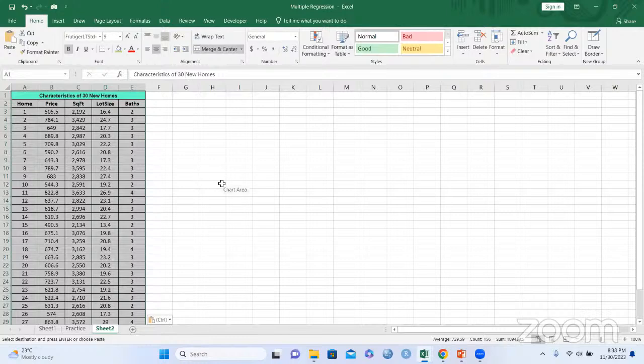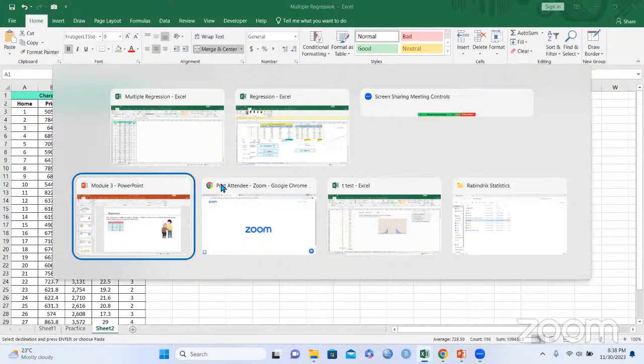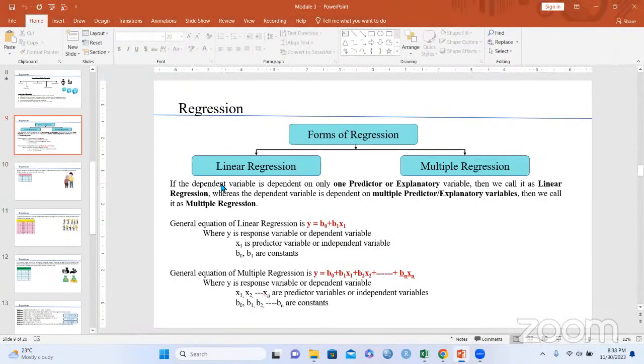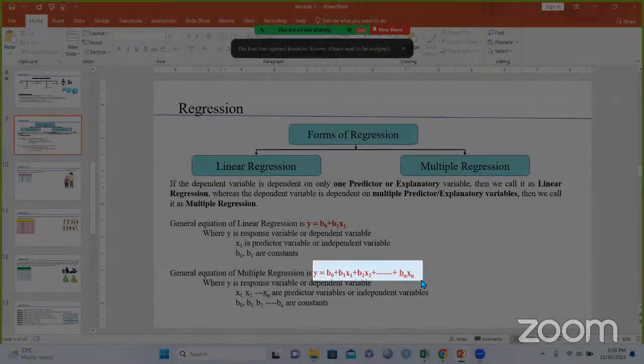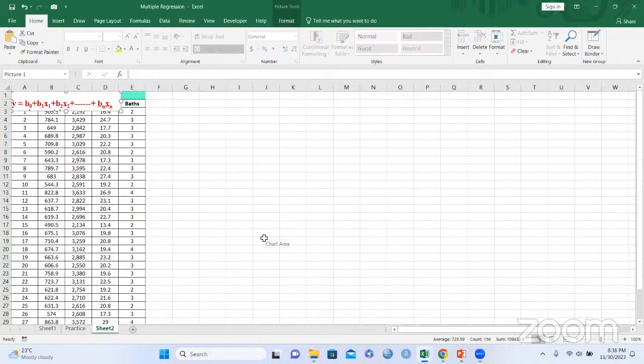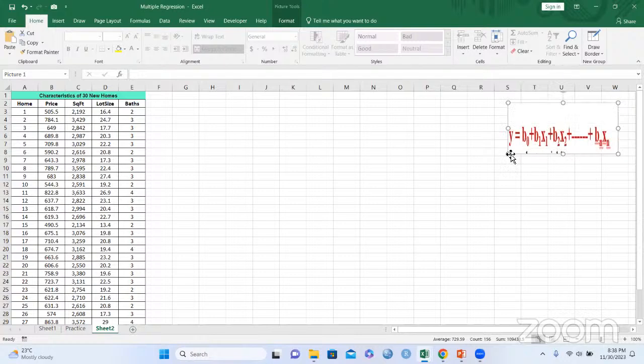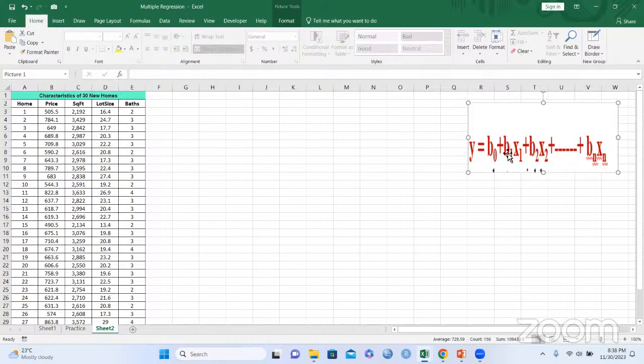Multiple regression deals with this sort of thing, where the y variable is changed because of multiple variables. When multiple variables have influenced something, we have to fit a particular line, and we will not be able to do it as in the earlier case.